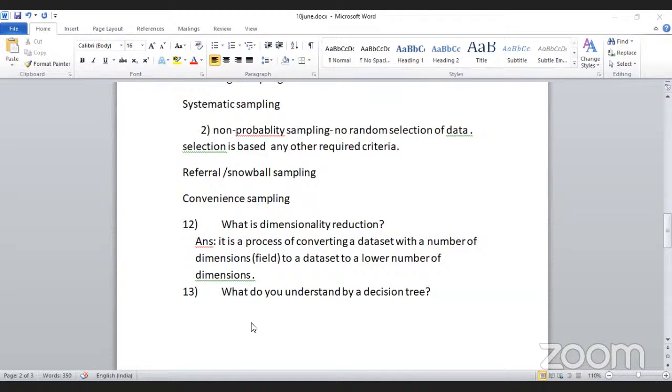A tree-like structure, an inverted tree. Okay.